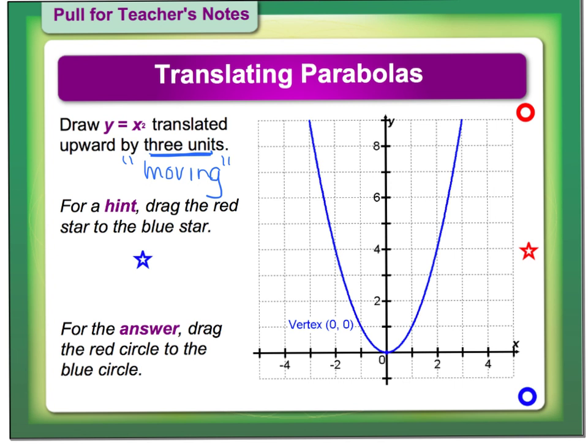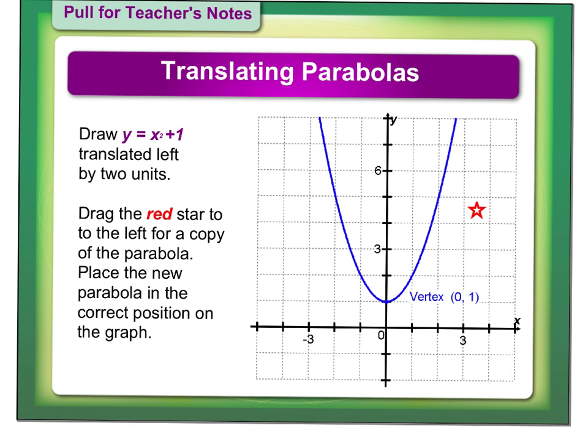So if you start at the vertex, which was at (0, 0), and move it up 3, you're going to end up with your parabola shifted up here. Every point on that parabola is shifted up 3. Your parabola is now located here. That was a vertical slide, or a translation up 3 units.